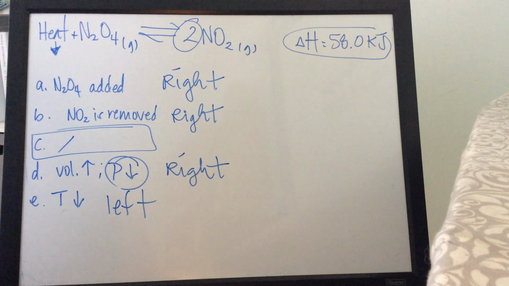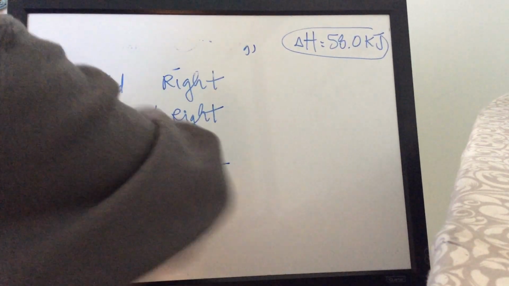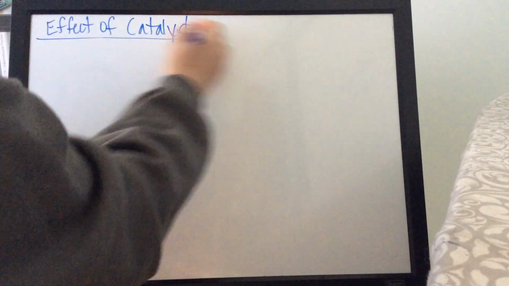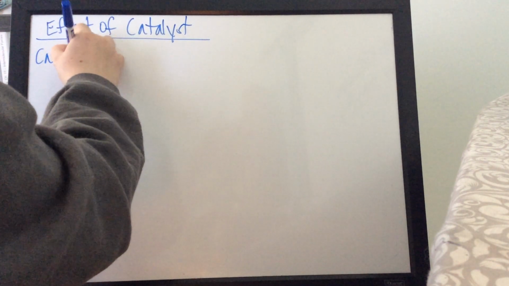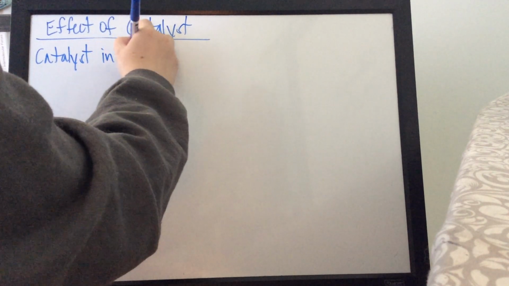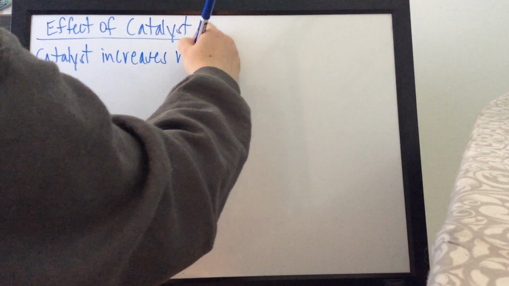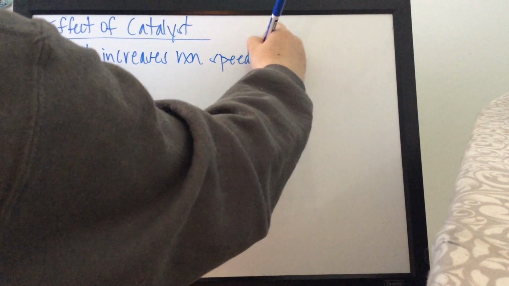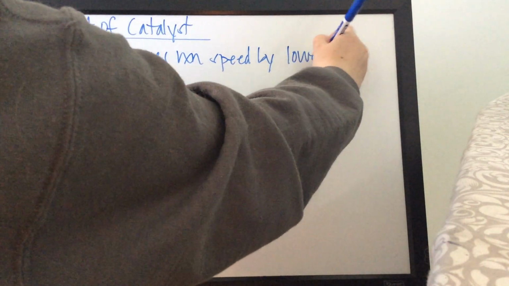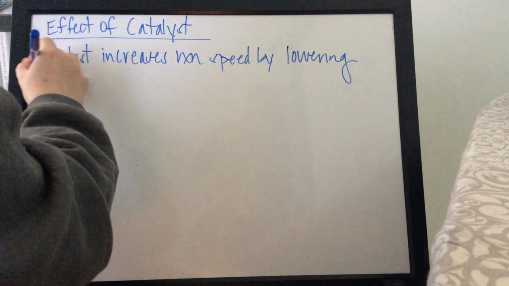All right. So next topic, the effect of catalyst. Okay, so if you remember from the last chapter, a catalyst increases reaction speed by lowering activation energy, right?